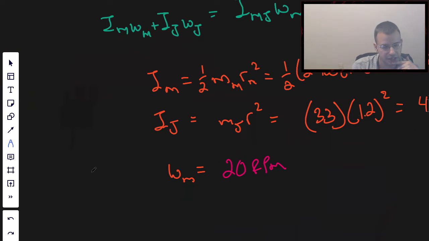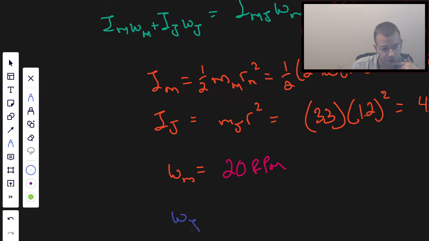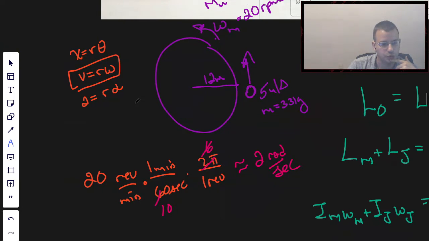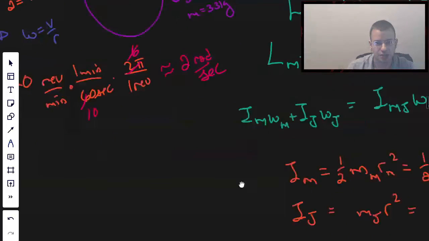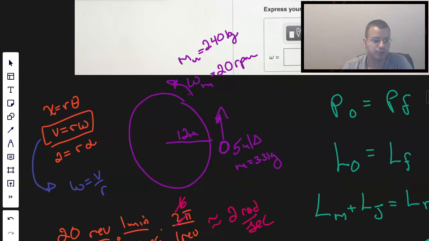And the angular speed of John, I wrote up the relationships up here: v equals r omega, which implies that omega equals v over r. So John is moving at 5 meters per second divided by the radius, which is 1.2, I think.